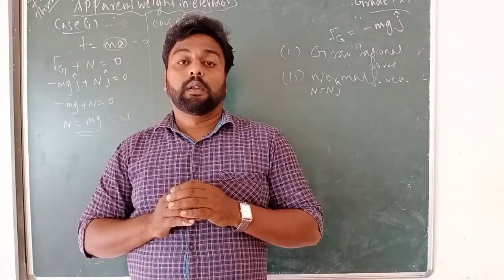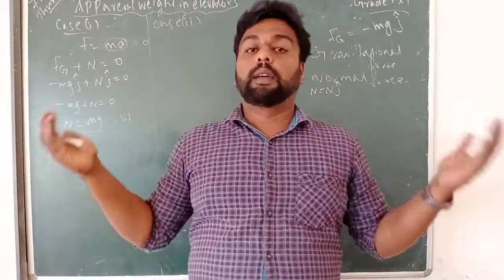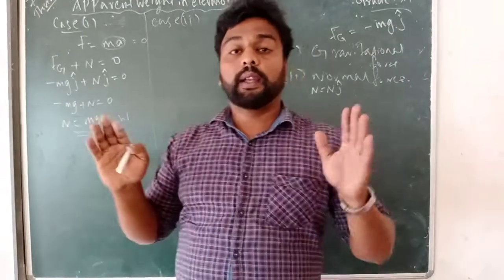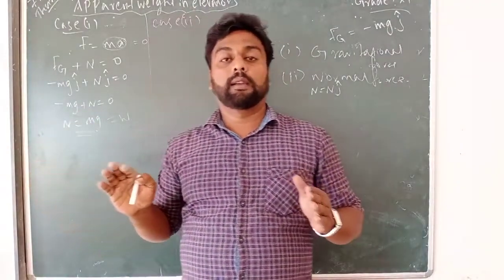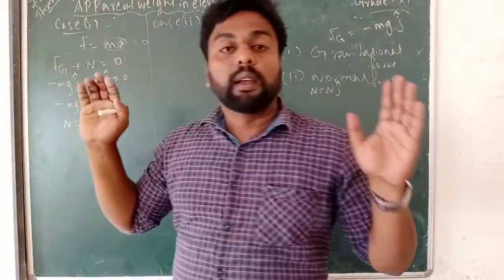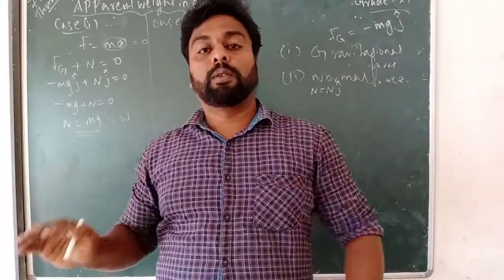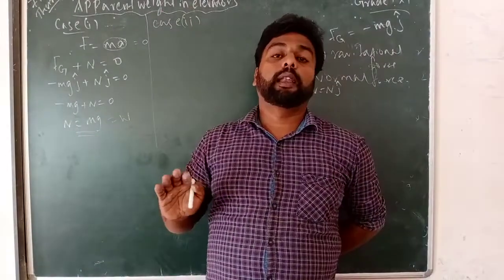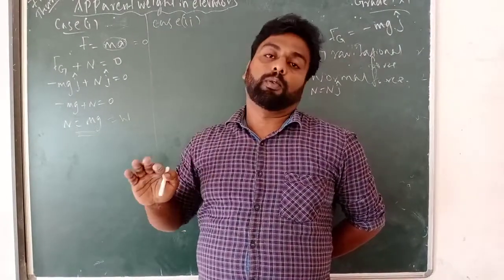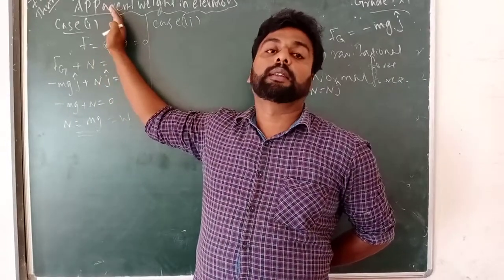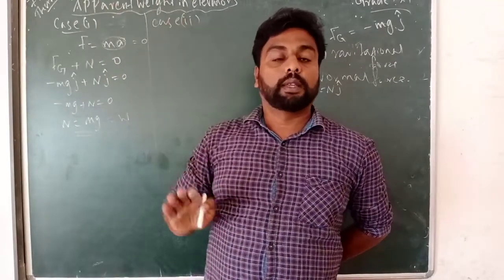When it is moving uniformly, its acceleration will be 0. So the apparent weight and the actual weight of the person inside the elevator are equal. Rest and uniform motion give the same result.